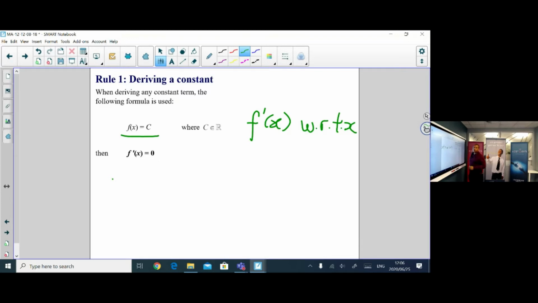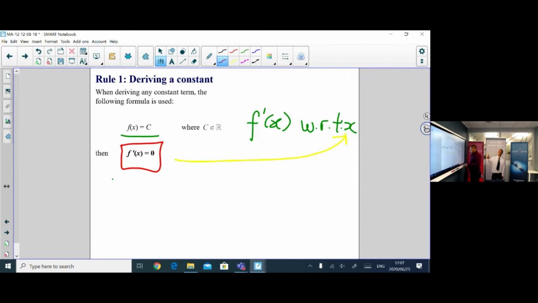If x is your independent variable, we are differentiating with respect to x. So whenever you have a constant such as this, your derivative will be 0. In other words, you don't have any x to differentiate. Remember that.